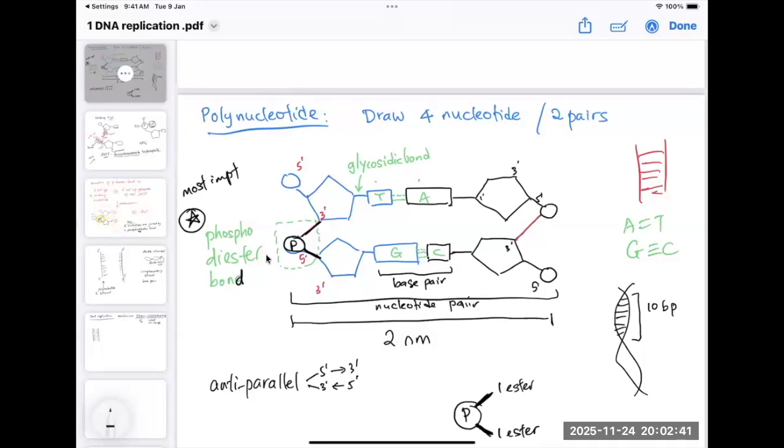Every time you say base pair, sometimes they ask you to circle one base pair, so you make sure that you only circle up to the bases. If they ask you to circle one nucleotide pair, then you have to go all the way out and circle it.